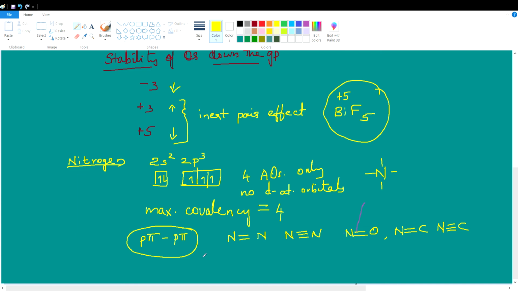The other members of group 15 can instead form p pi-d pi bonds. This bonding is possible only in the heavier members, phosphorus, arsenic onwards. Only nitrogen can form p pi-p pi bonds, which is not possible in heavier members. Heavier members can form these two bonding types.